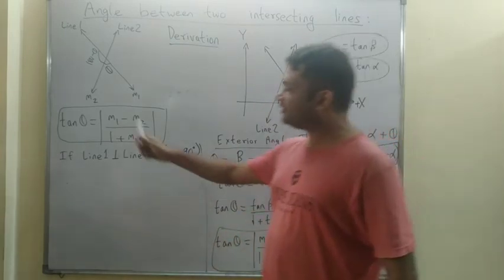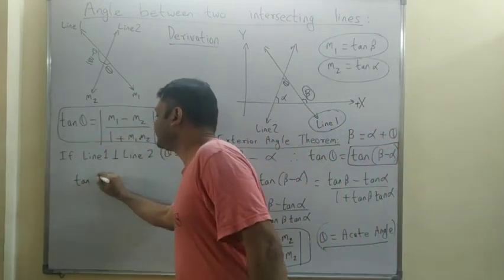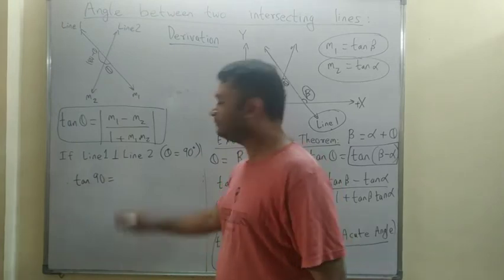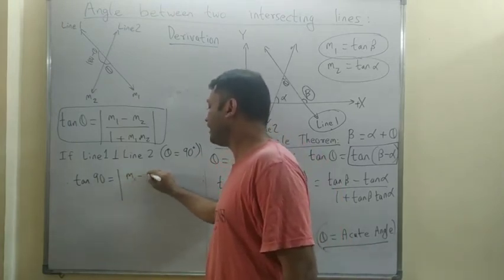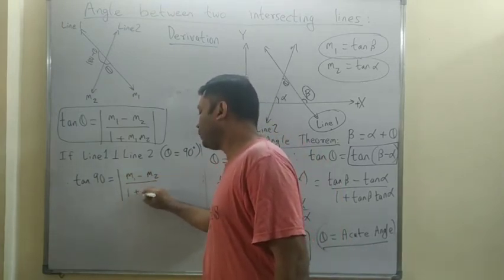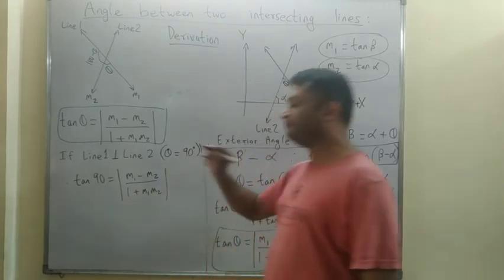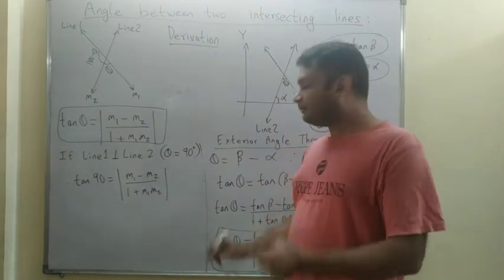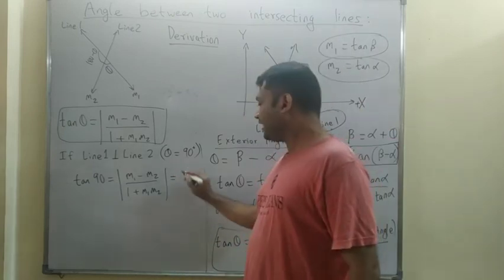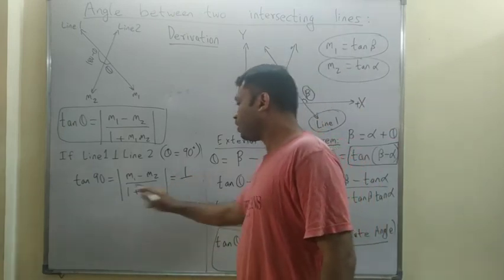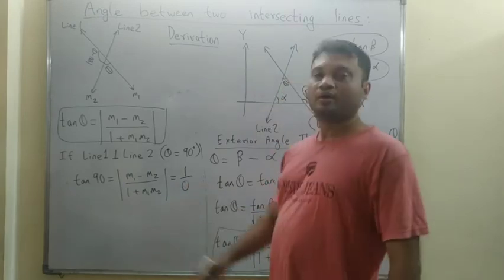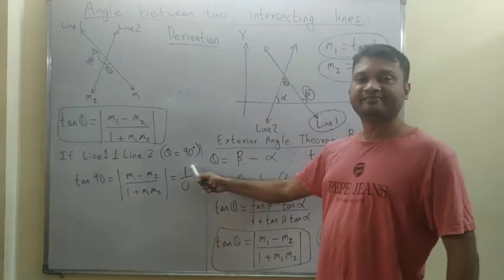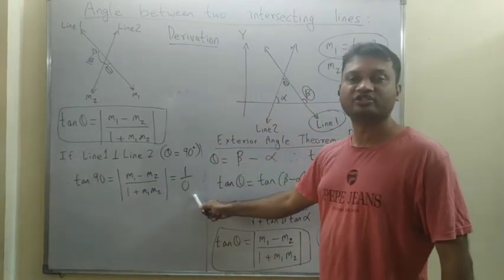So our equation will reduce to tan 90 is m1 minus m2 upon 1 plus m1 m2. Now tan 90 is sin 90 upon cos 90, where sin 90 is 1 and cos 90 is 0.